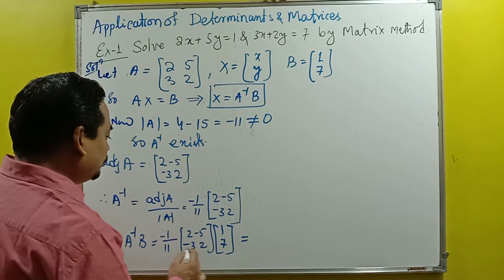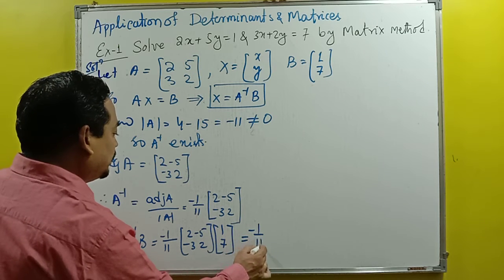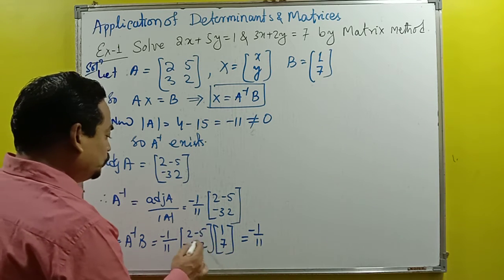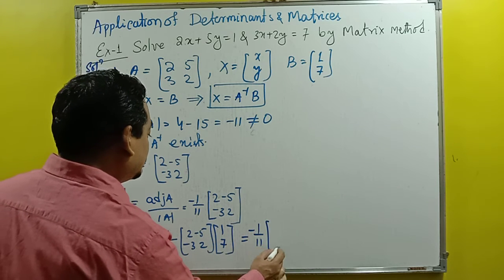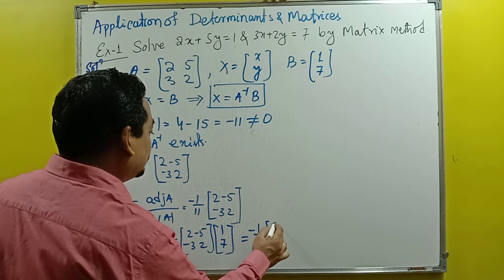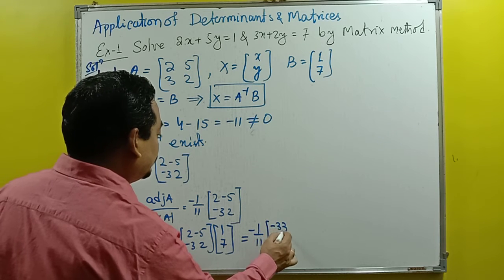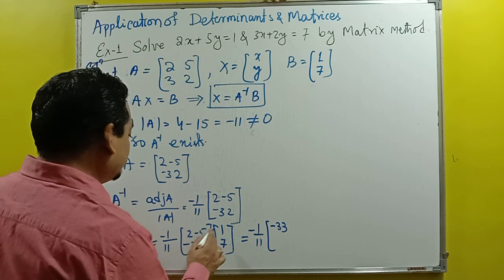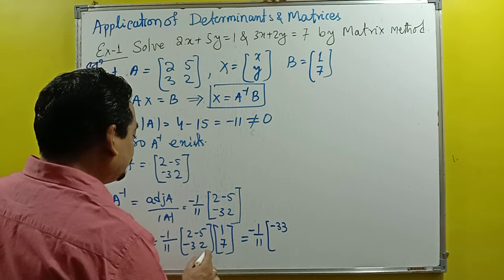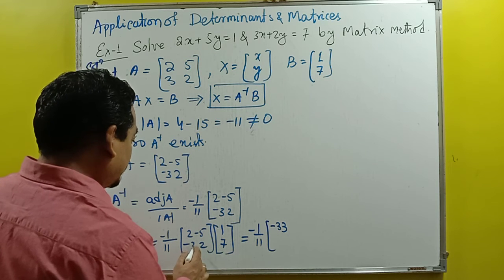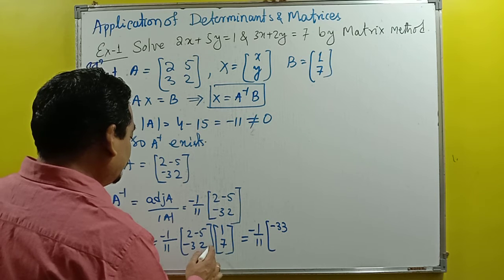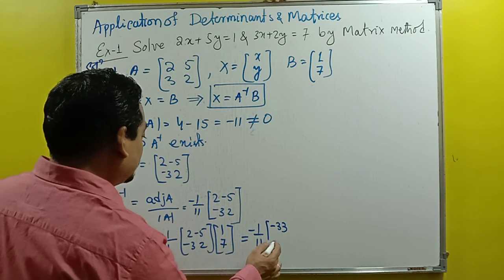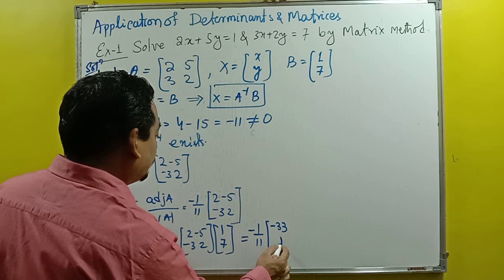Now this is giving you the value minus 1 by 11, it is 2 minus 35, that is minus 33, and here similarly it is minus 3 plus 14, that is equal to 11.